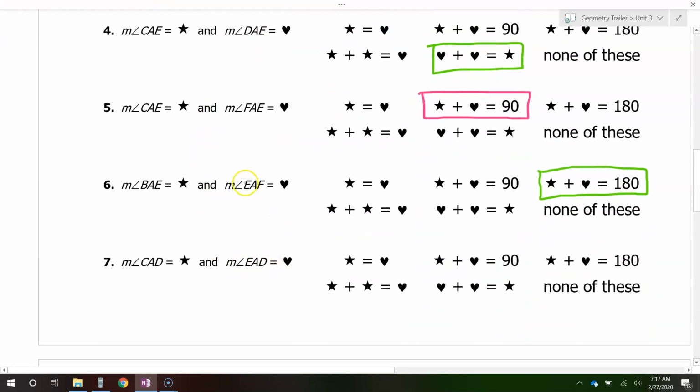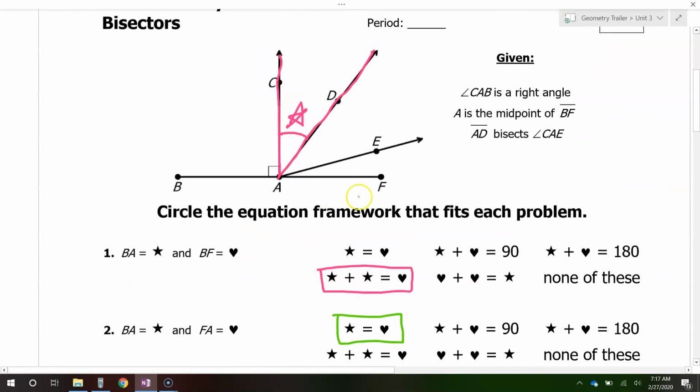Angle EAD is the heart. And because AD we know is the bisector, this is right down the middle, so that means star equals heart.